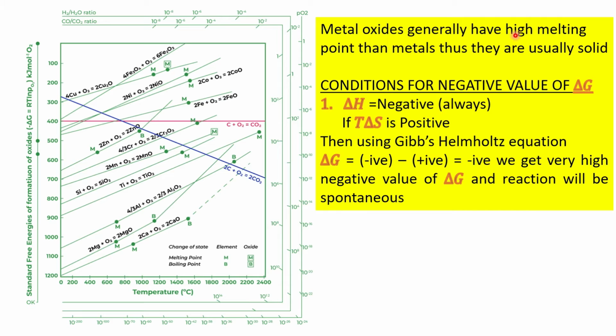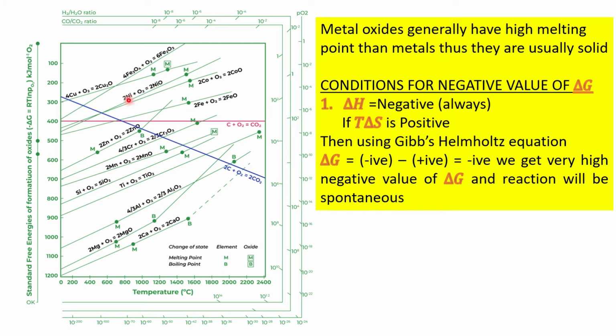Metal oxides generally have very high melting points than metals, thus they are usually solid. So what is the meaning of that? Say you have copper and you are oxidizing this copper with oxygen, you are getting copper oxide. So this copper oxide is solid in that case, right? Because generally metal oxides have a higher melting point than the corresponding metals, right?